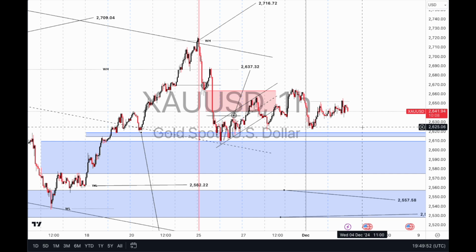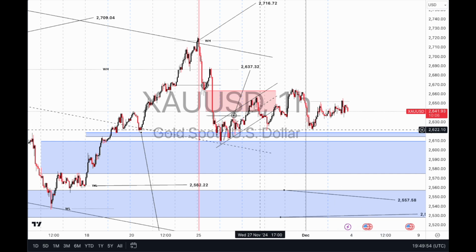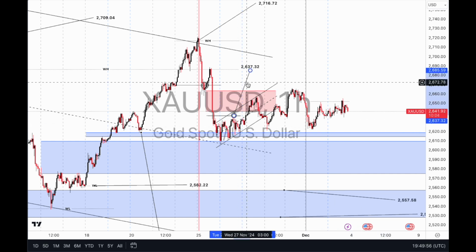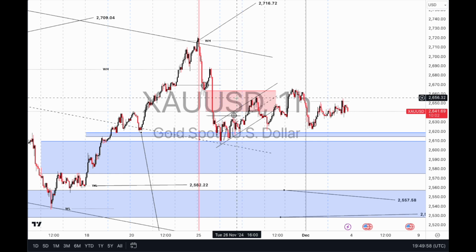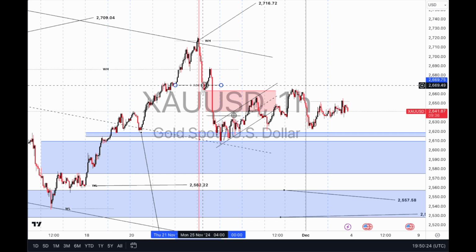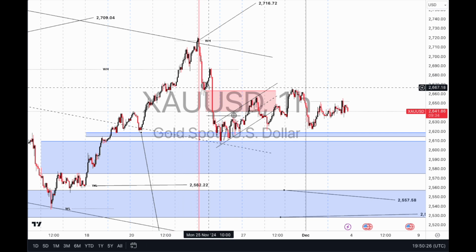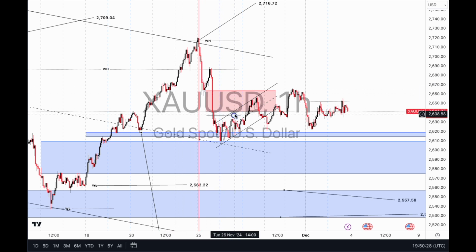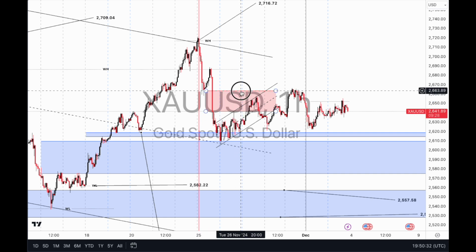All right, so first things first, let's get rid of all of these levels right here. This FVG has been violated, so you see price has gone in and moved away from it. So we're just going to get rid of all of these for now. Going to get rid of this, this, that, and that.